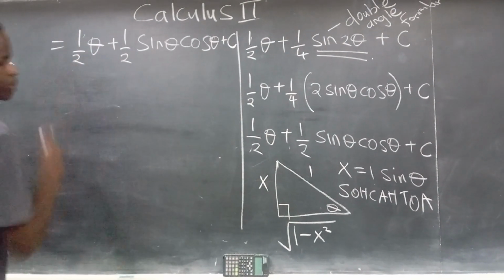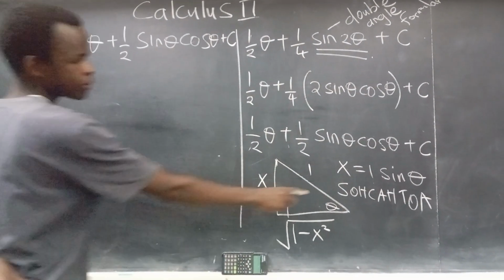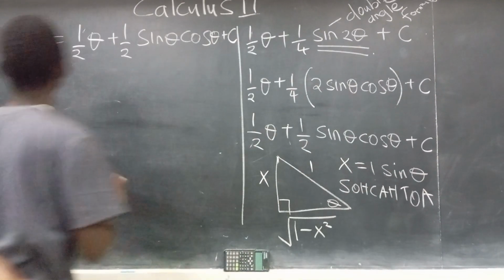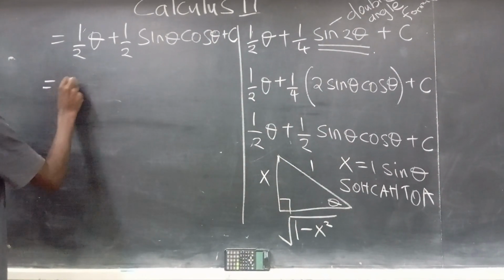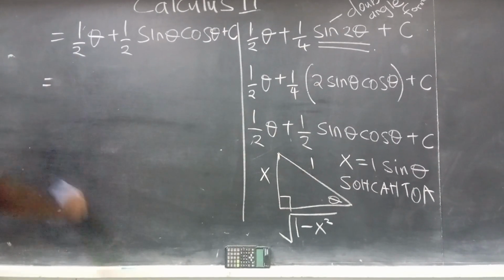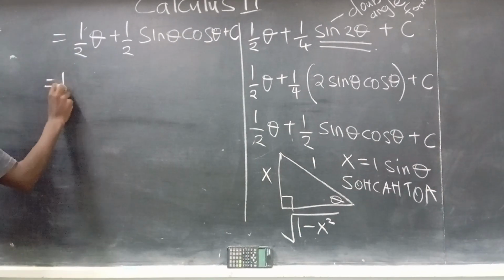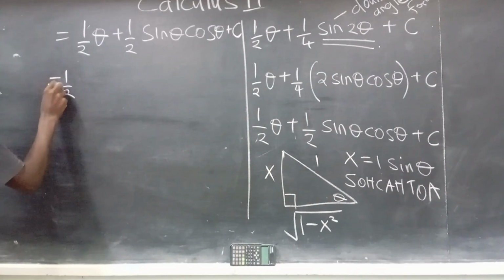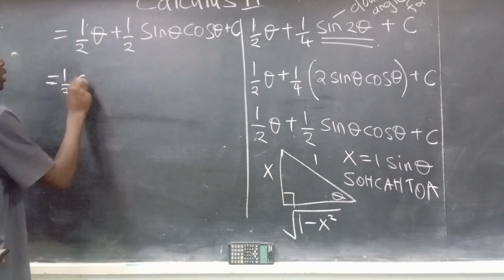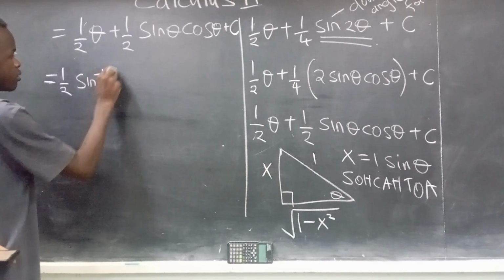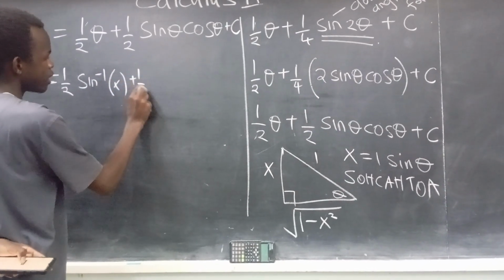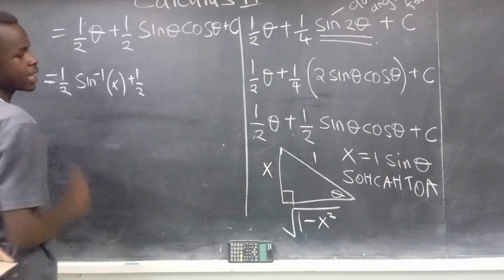So I'll replace my theta from here, which is just sine inverse of x, as you can see. I'll get my a half. What's my theta? From this part, my theta is sine inverse of x, right? Plus a half. What's my sine theta?